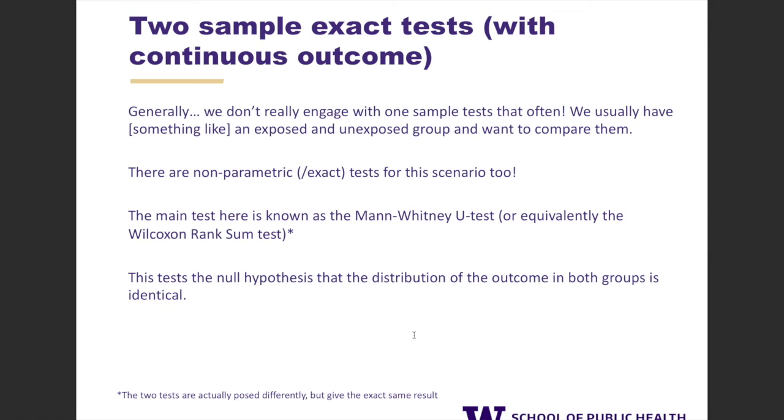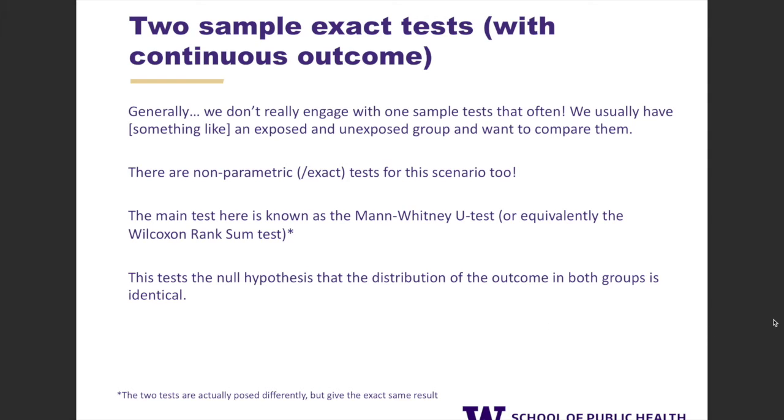And so again, really what they try to engage with is, do we have evidence that in general observations from group 1 tend to be larger than observations from group 2 or tend to be smaller than observations from group 2? And if we have evidence of either of those, then that would give us evidence against the null hypothesis that the distribution of outcome in both groups is identical. So again, this is a way of testing for difference between two groups.